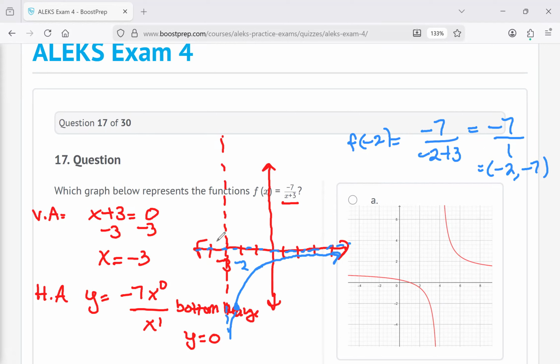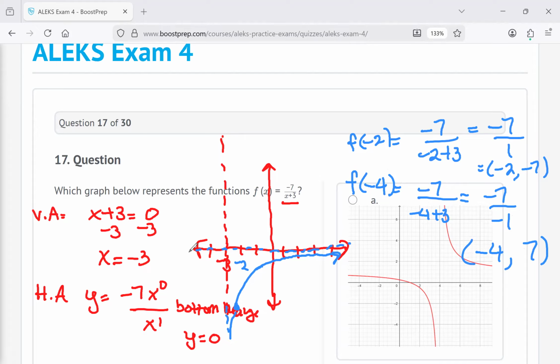And then over here, let's test the x value, not -3, but -4, because we can't use -3. So let's use -4. So it's going to be -7 over -4 plus 3. That's -7 over -5. So you have a point at -4, 7/5. So being right here.